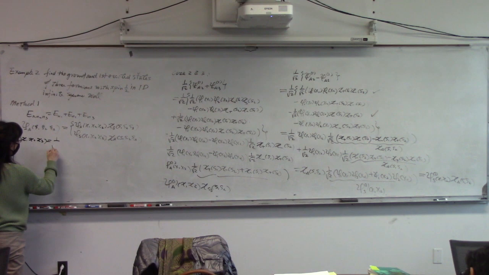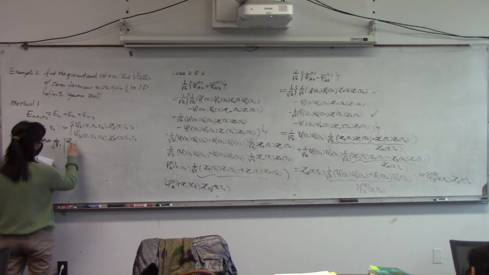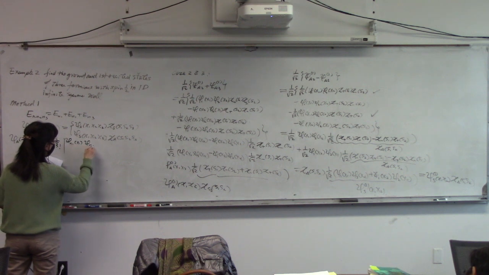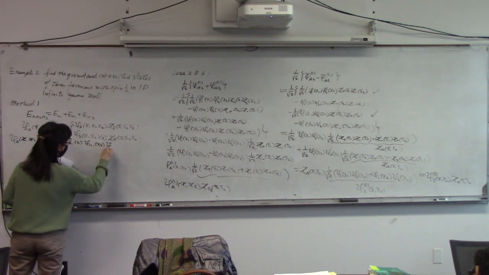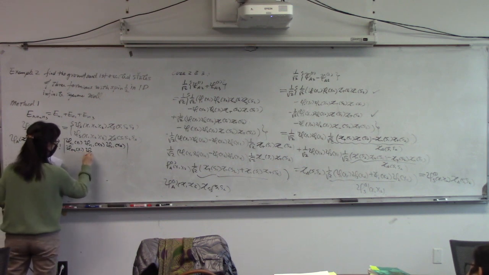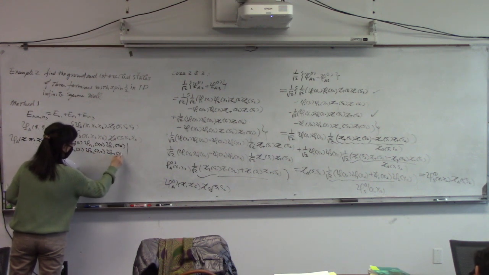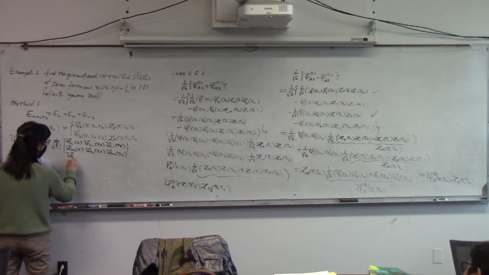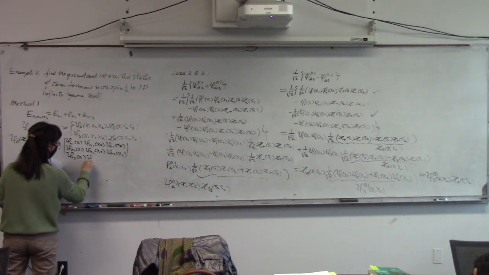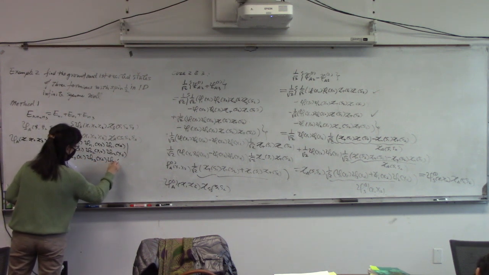We're going to use the general formula here, right? So psi n1 of x1, psi n1 of x2, psi n1 of x3, and then the second row psi n2 of x1, psi n2 of x2, psi n2 of x3, then psi n3 of x1, psi n3 of x2, psi n3 of x3.